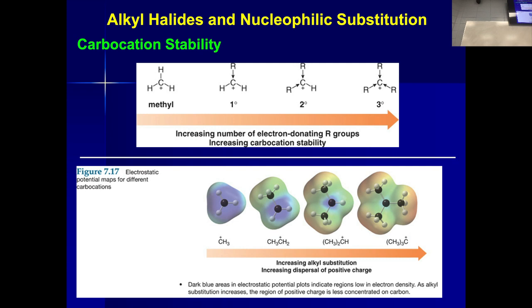Yes, they're formally positively charged, but these other groups that are around it help stabilize it, help shield it a little bit, if you will. Okay? And so, for all practical purposes, the only carbocations, at least for this class, that you can generate are secondary and tertiary. So if you have a secondary alkyl halide or a tertiary alkyl halide, you need to be thinking it might do SN1 chemistry. Okay?